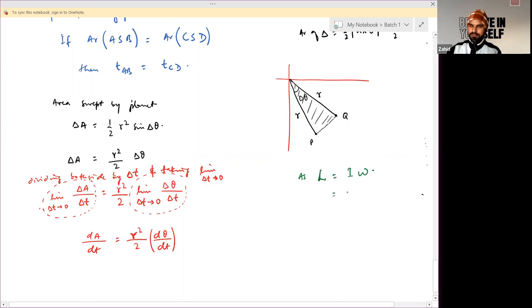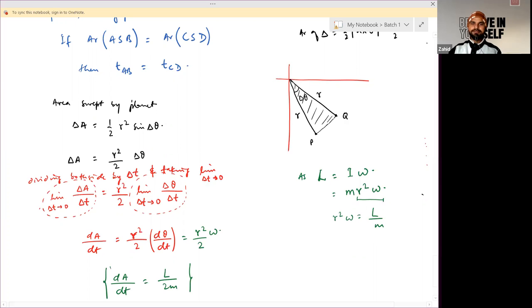I is moment of inertia, so it will be m times r square times omega, and omega is nothing but d theta by dt. So we can write r square by 2 into omega. So from this part, r square omega is L by m. Put this term in this part, you will get dA by dt equals L by 2 times m.